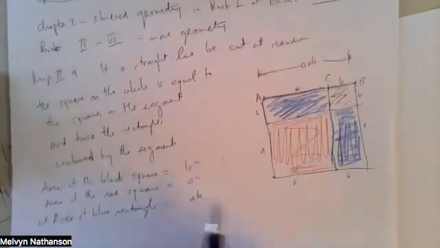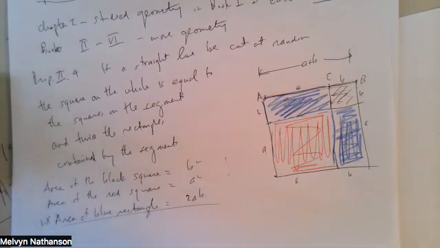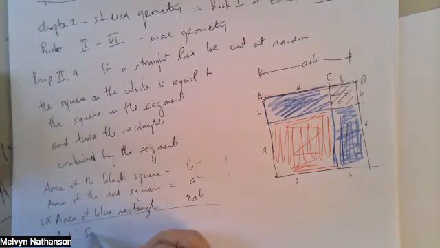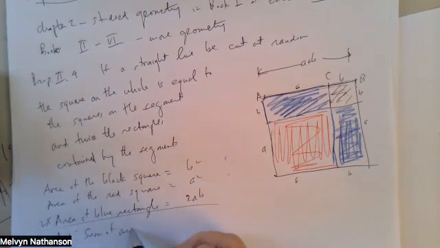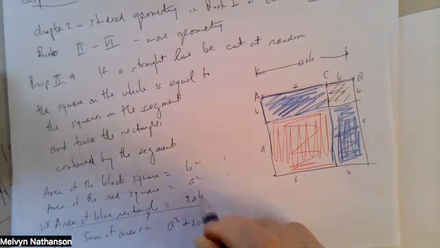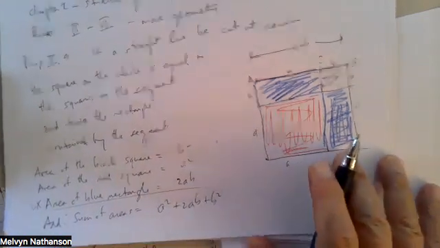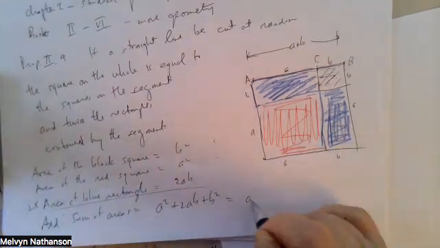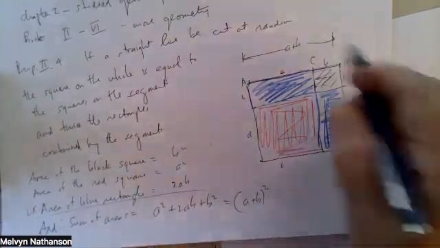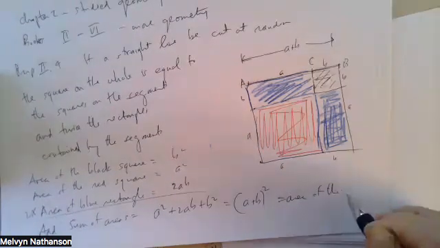So two times the area of the blue rectangle is 2ab. And if you add, what do you get? The sum of the areas is a squared plus 2ab plus b squared, which in algebraic language would be written as (a plus b) squared, which is the area of the original square.